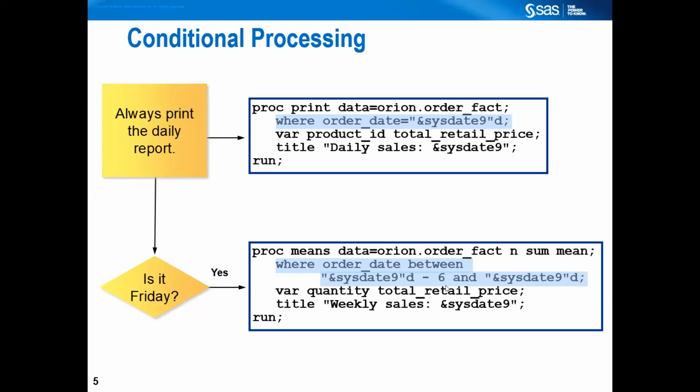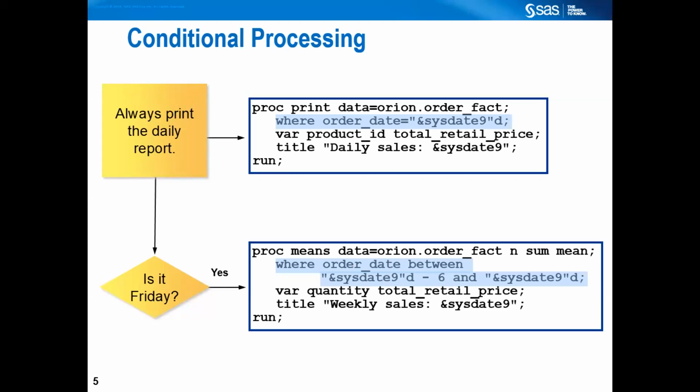Sunday is 1. All right. Sunday is 1, Monday 2nd, Tuesday 3rd, Wednesday 4th, Thursday 5th, and Friday 6th day of the week. So this is where you are testing whatever the system date -6 is, it will give you the Friday. So in case it is Friday, then only it should execute this proc means. Got it now?